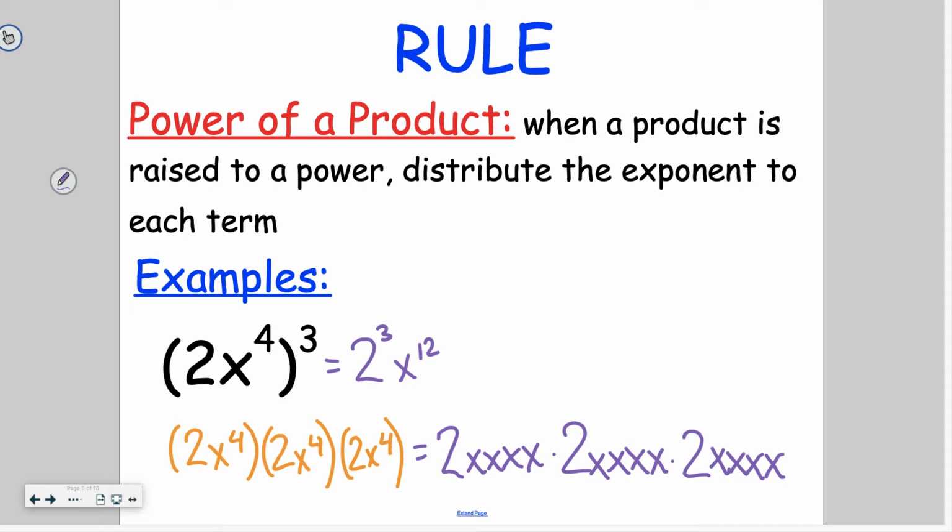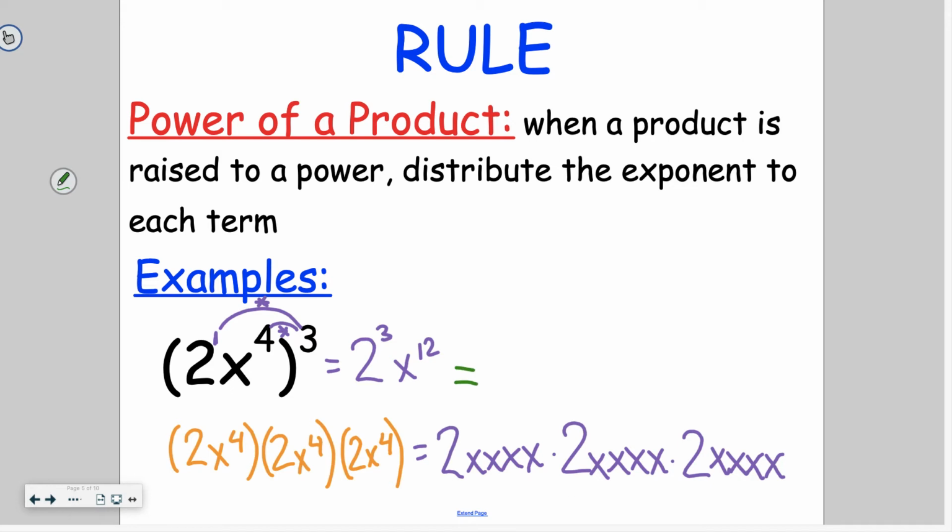Now notice, over here, my 2 didn't have an exponent. So when the number doesn't have an exponent, that just means there's one of them. So 3 times 1 gave us the 2 to the 3rd. And then we had 4 times 3, which gave us the x to the 12th. Now this is not actually our final answer because if you have more than one thing, you want to simplify it as much as possible.